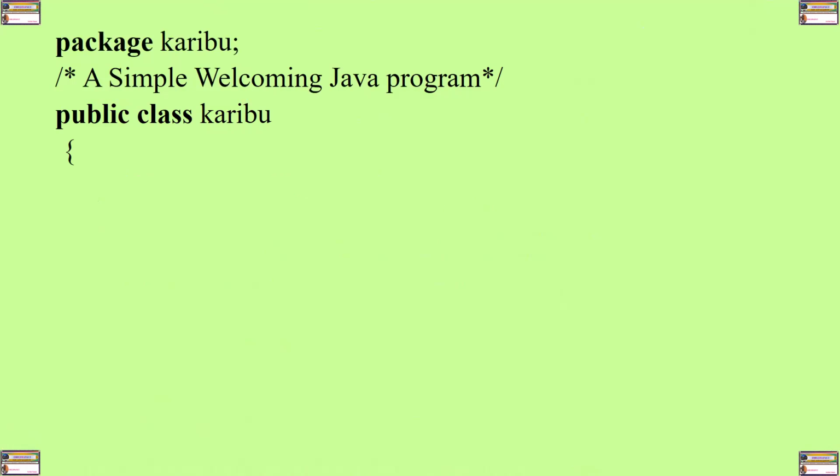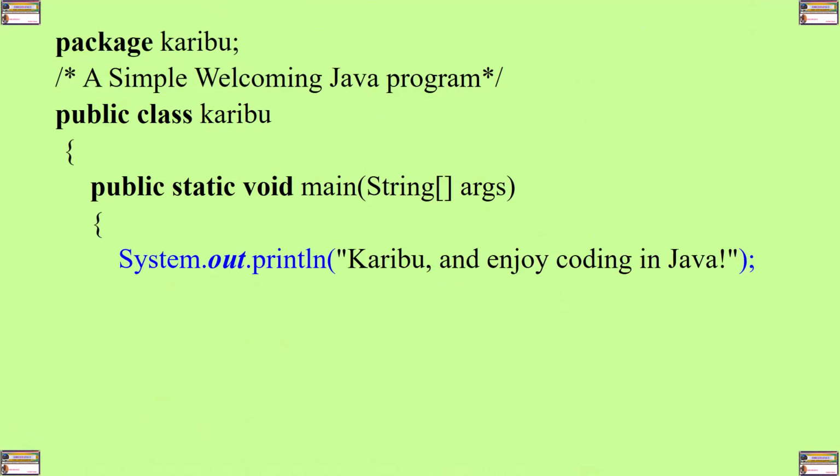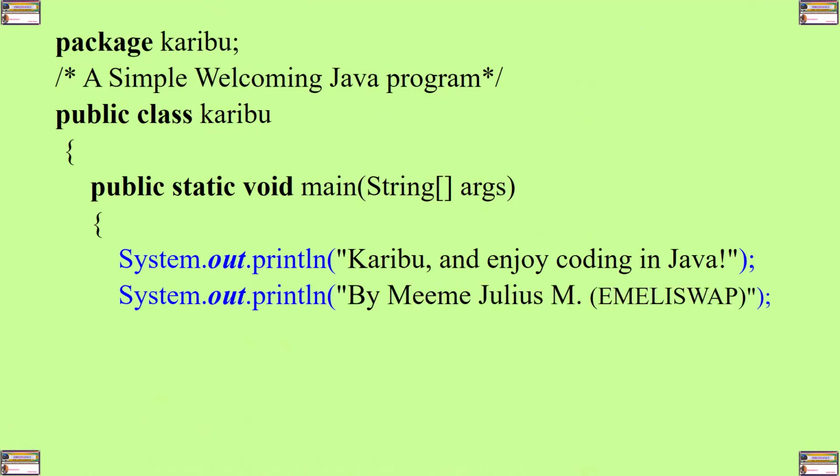It has an opening brace, and then you write your set of statements there, like System.out.println. Then you terminate the main method and the class. So this is an example of a program.